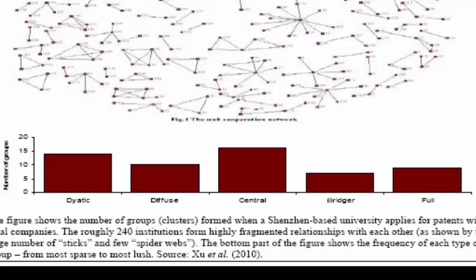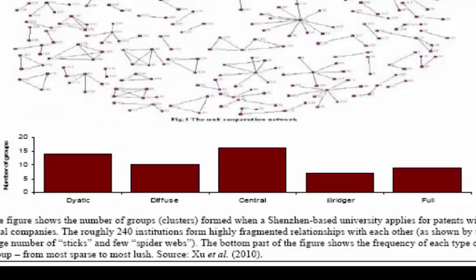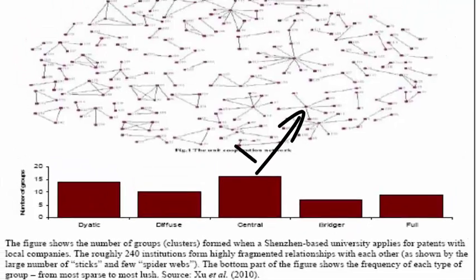For example, dyadic relationships characterize a relatively large percent of these clusters. Dyadic meaning 2 members of the group. Shenzhen's innovation system has relatively few bridgers and relatively few clusters that involve a wide number of entities, whereas the largest proportion of these agglomerations center around a key actor.